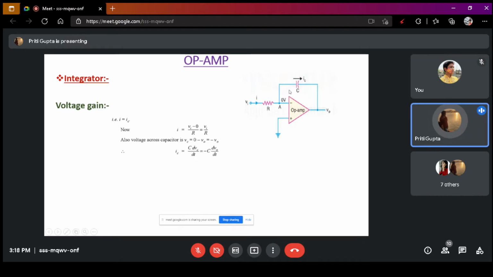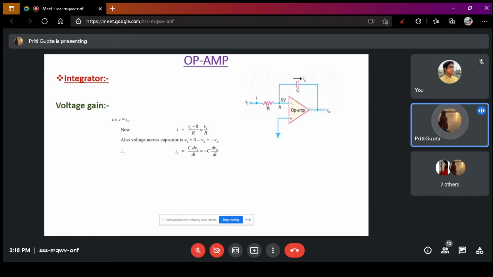Voltage across the capacitor will be 0 minus V0, that is minus V0, because this one is 0. And IC equals C into dVC by dt. This one all of you know: the current through a capacitor is always equal to C into the derivative dVC by dt.